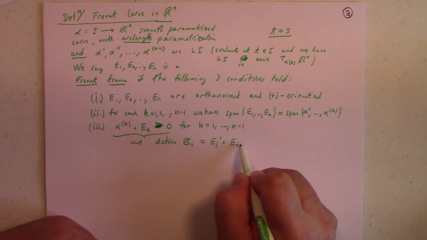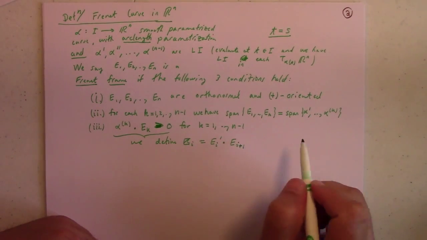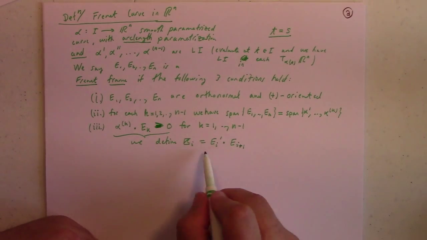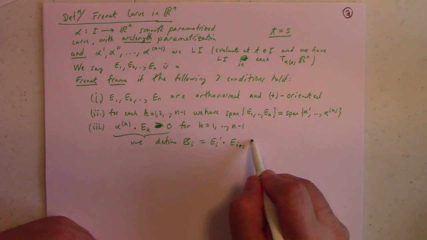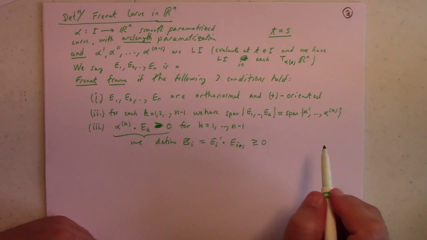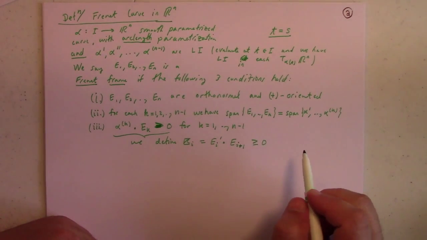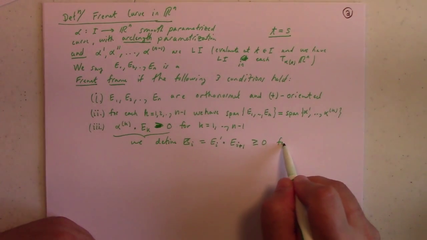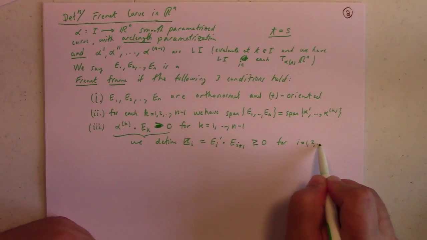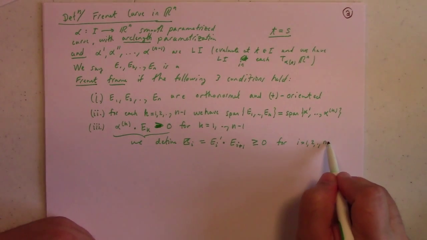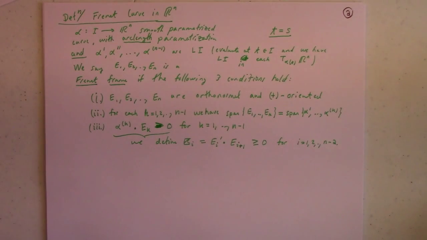But I think that positivity is necessary in order to keep this quantity greater than or equal to 0 for i equals 1 to n minus 2. All right, it's going to take me forever and a day to write all this stuff out, so I'm actually going to cease and desist the writing here momentarily.